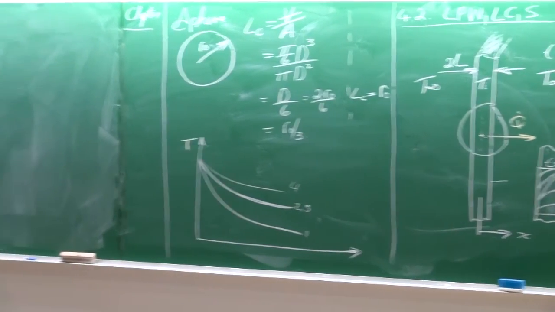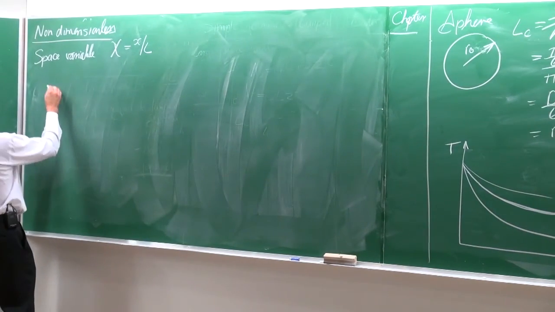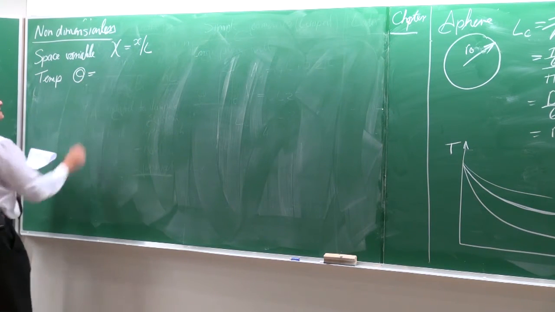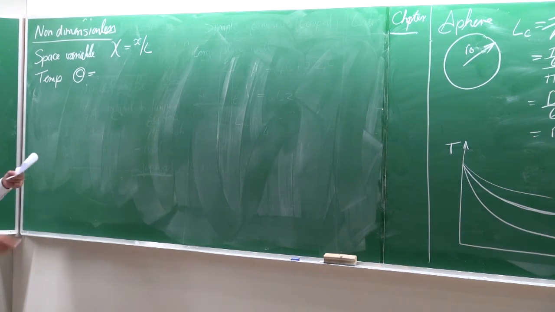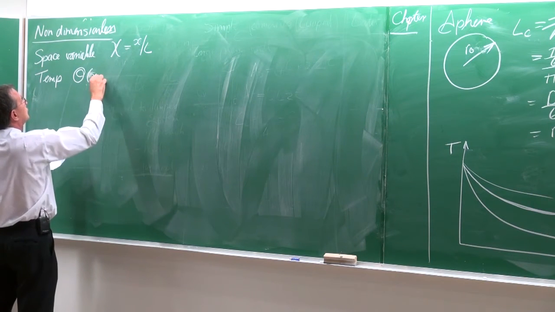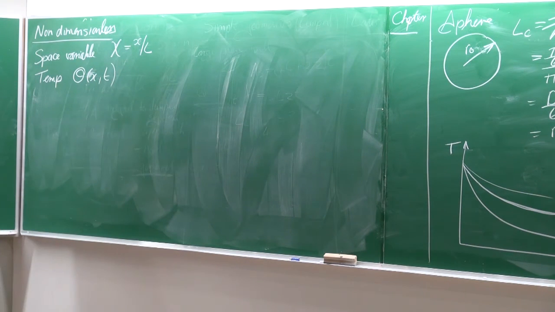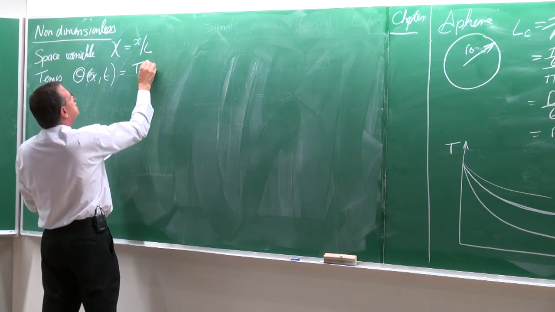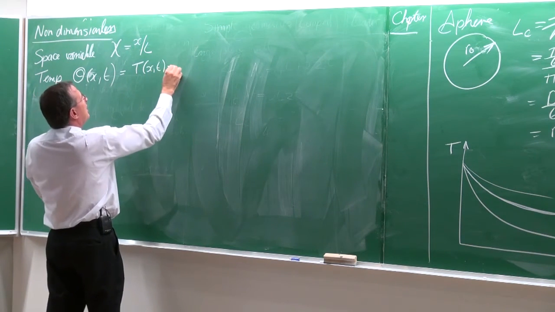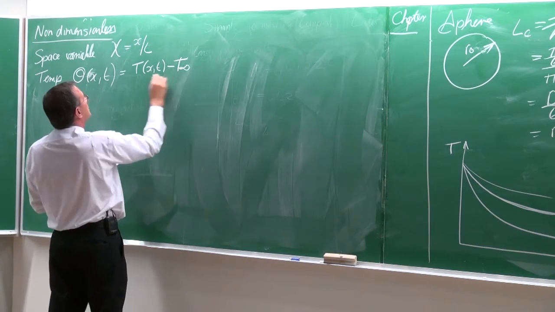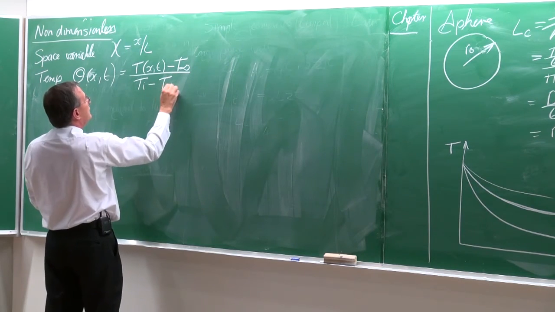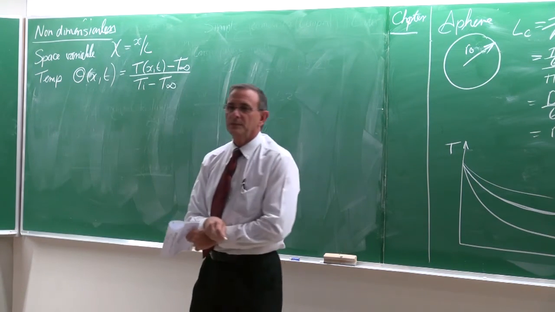The next thing is they've non-dimensionalized the temperature. That temperature is theta, which is a function of X and t, and that is equal to the temperature minus T infinity, divided by Ti minus T infinity.